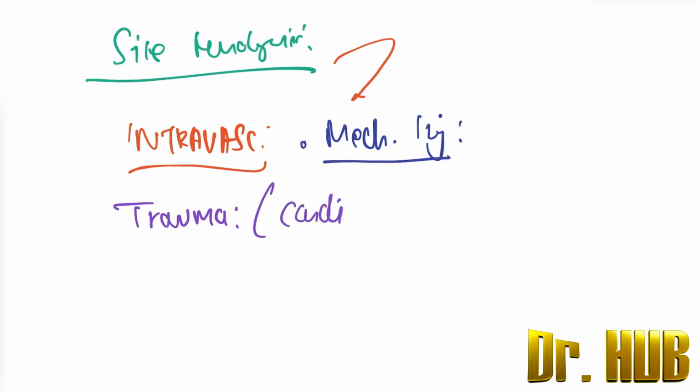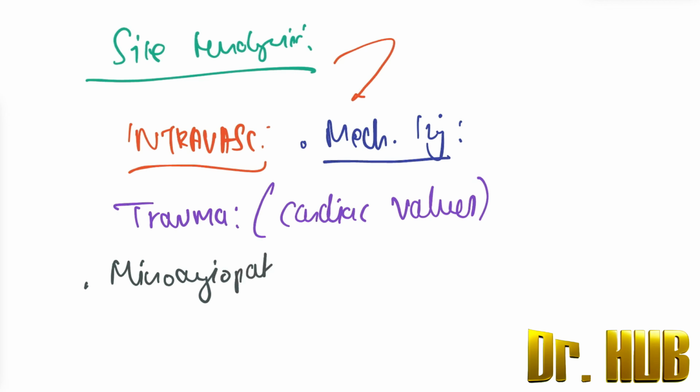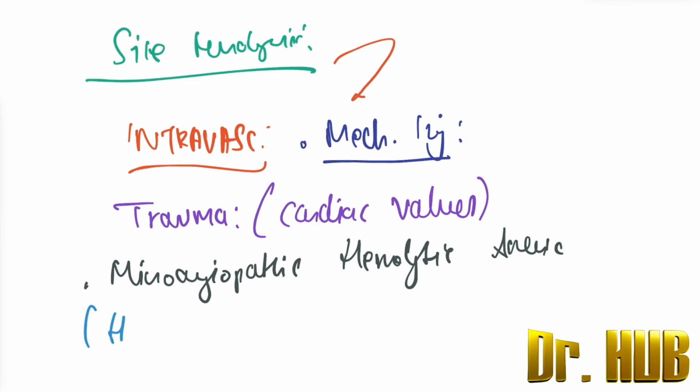Then there are microangiopathic hemolytic anemias, which include hemolytic uremic syndrome, which we're writing as HUS, disseminated intravascular coagulation, DIC, then thrombocytopenic purpura, that is TTP.